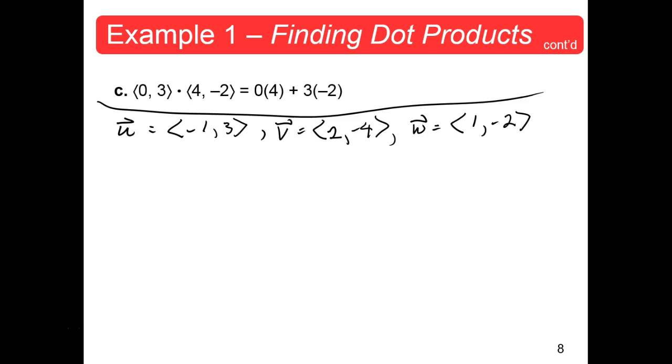Okay, good deal. Now, it said find each of the following quantities. The first of these, the A one here, is what is vector u dotted with vector v, times vector w.